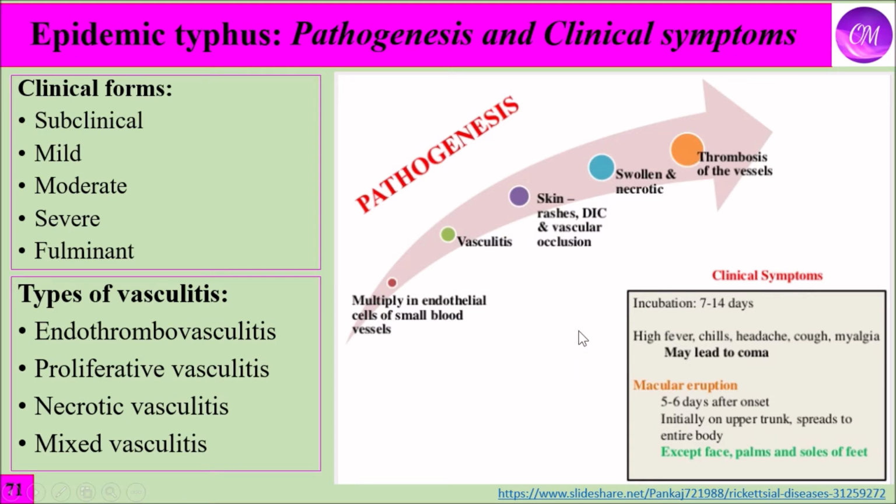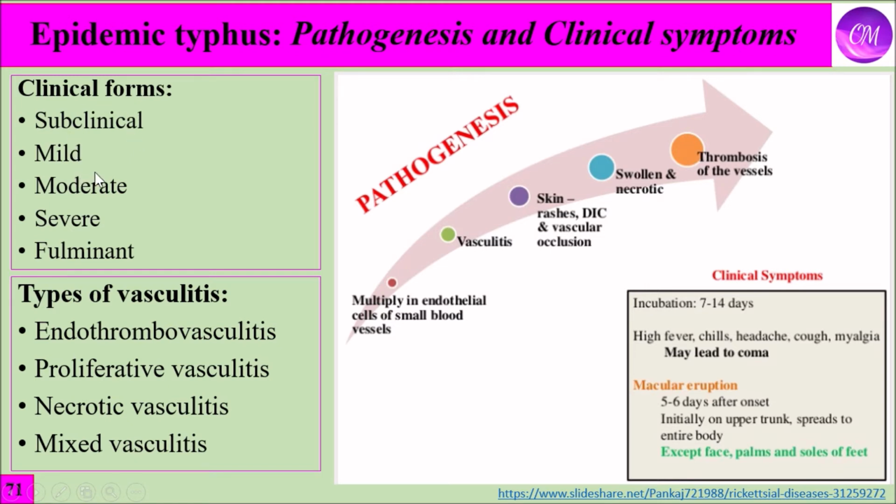And clinical symptoms. The incubation period varies between 7 to 14 days, and high fever, chills, headache, cough, myalgia, which may lead to coma. And macular eruption appears 5 to 6 days after onset, initially on the upper trunk, spreading to the entire body, except the face, palms, and soles of feet.